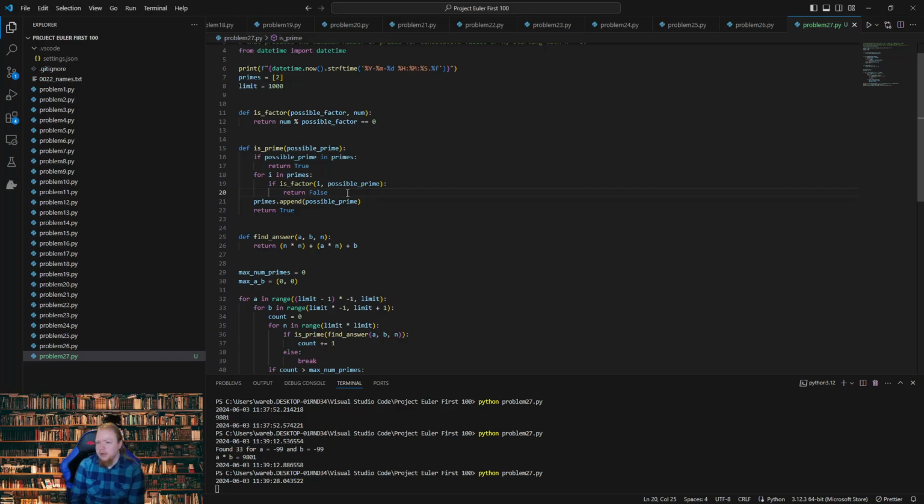We could build out our primes list a little bit more, but I think a better strategy is going to be just change how we calculate whether something is prime.